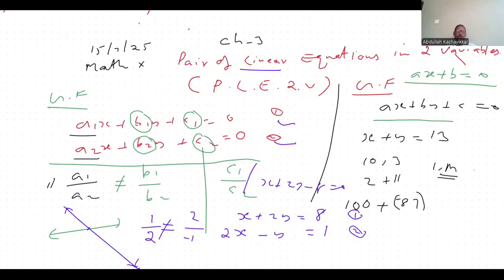Now we can solve this one, all of you please. x plus 2y is equal to 8, and 2x minus y is equal to 1. Then what is the second equation? Tell me.